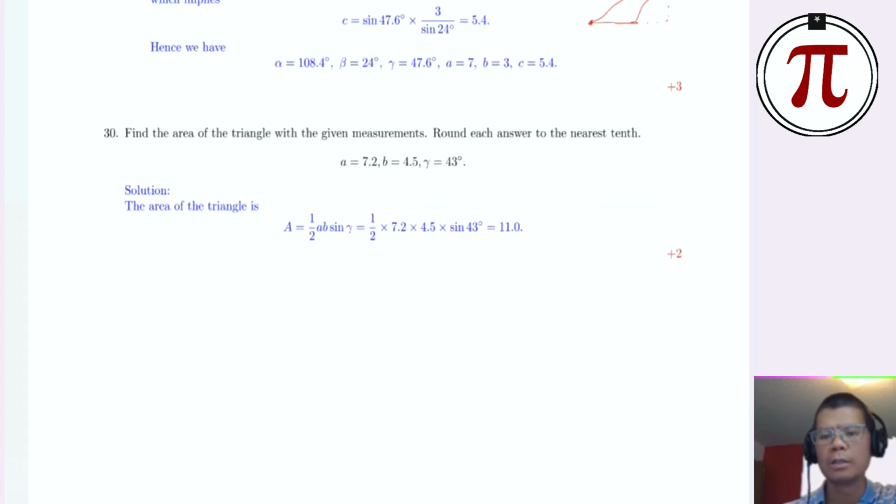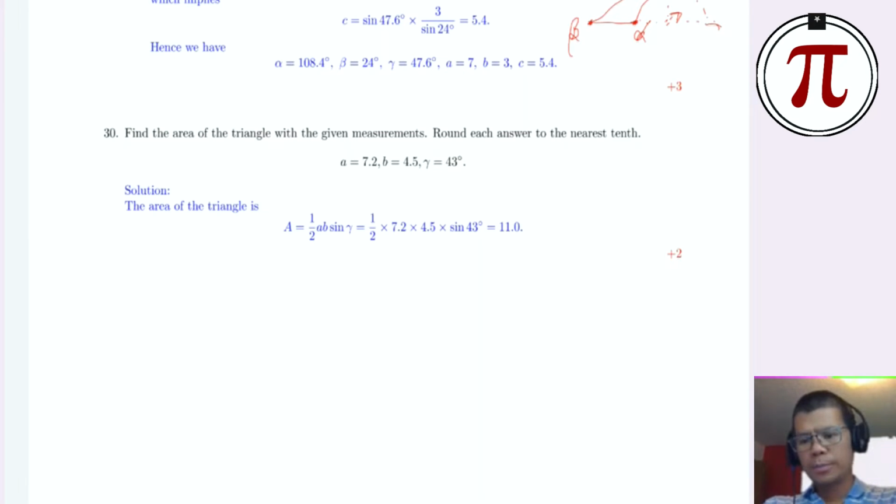This is alpha, this is beta, this is A, alpha, and this is gamma. So the other one is going outwards of this H of the right triangle, and the other is inwards. So these are two different triangles we have.